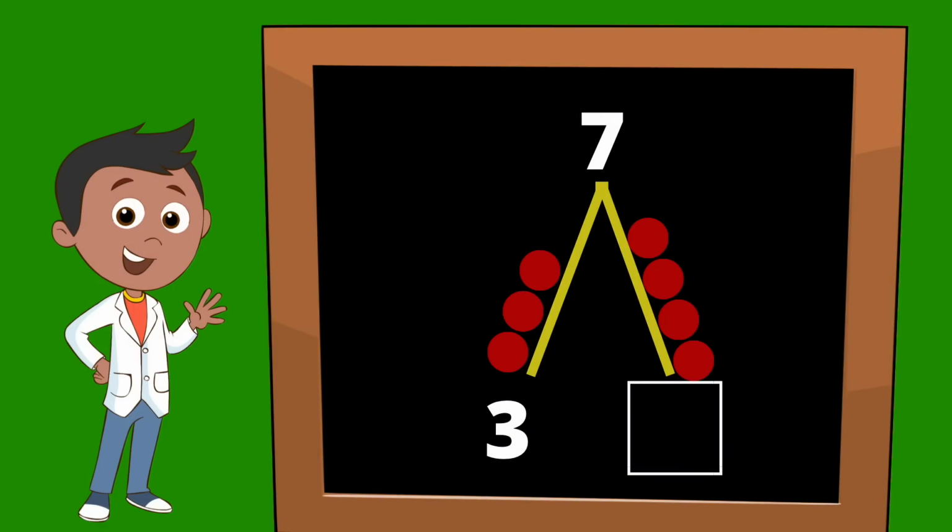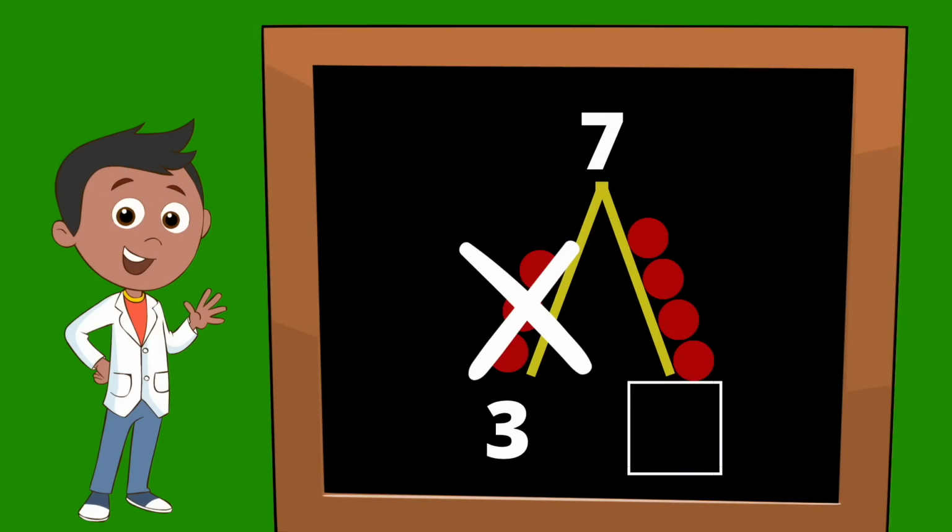Now that we have all our circles on the correct sides, let's think about our equation. 7 minus 3. So if we're going to minus 3, that means we need to take away 3 circles. So on our side that has 3, we're going to cross out all of our circles.